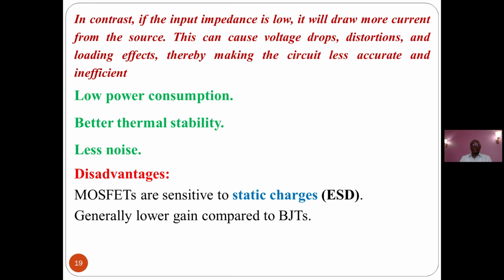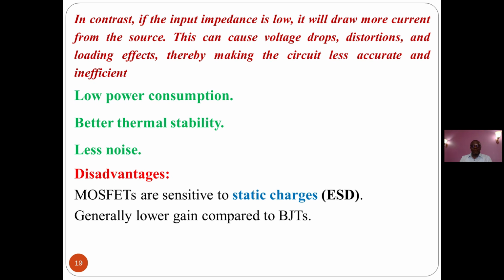This can cause voltage drops, distortions, and loading effects, thereby making the circuit less accurate and inefficient. So another advantage, like we have seen, is low power consumption. We said better thermal stability and less noise.